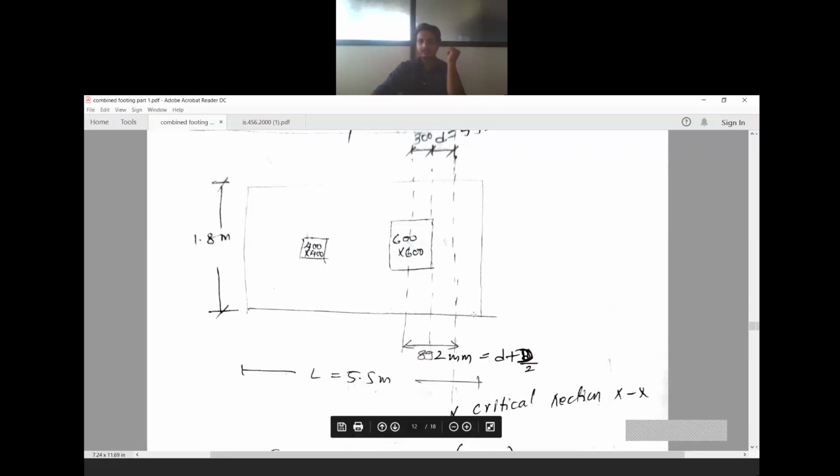In the previous class, we had calculated the shear force just left of column A, and just right of column B, in this section E. But at this point, what we require is the shear force at this critical section. How can it be calculated?